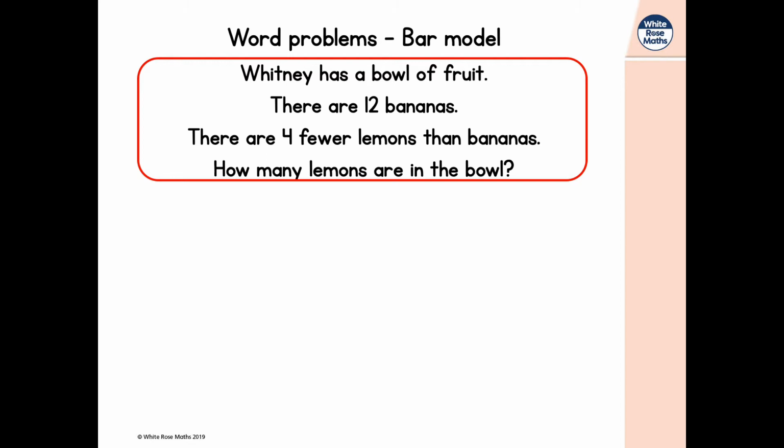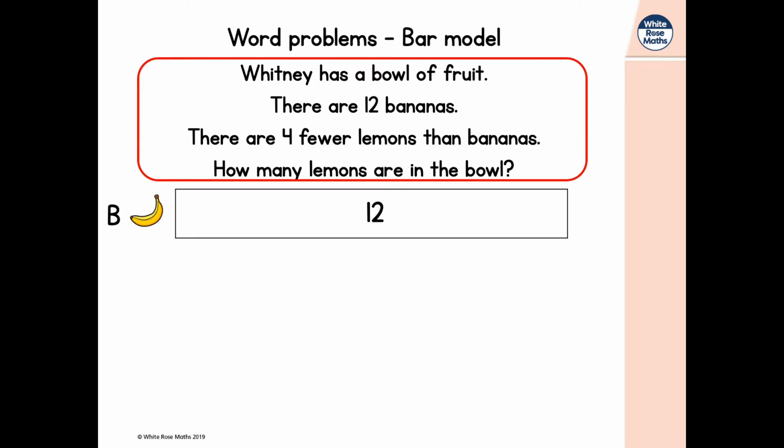Well, once again, we said we could build a bar model for this. Let's think about what we know. We know that in Whitney's bowl of fruit, there are some bananas. Actually, there are 12 bananas. So we're going to draw a bar representing 12. It says that there are 4 fewer lemons than bananas.